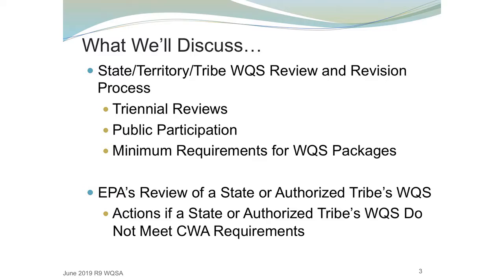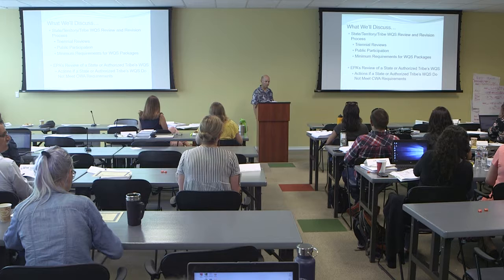One is the triennial review, the public participation requirements, and the minimum requirements for water quality standards packages. And then finally, EPA's review of state and authorized tribes' standards, and actions that follow if the state or tribe's standards do not meet the Clean Water Act requirements.